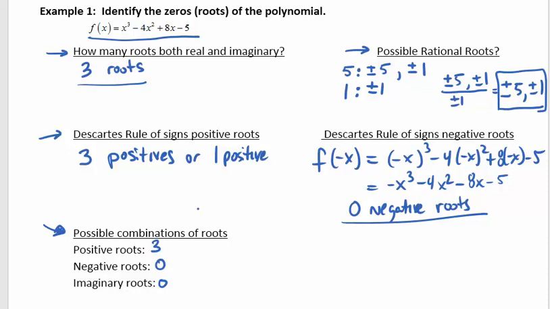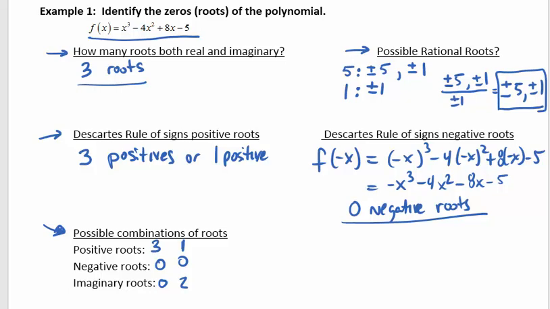We also could have 1 positive and 2 imaginary. That's another way we could come up with 3 roots here, because remember, if the imaginary ones show up, they're going to show up in a pair. Descartes' rule of signs tells us we don't have any negative roots, so that's not going to be a possible combination. So those are all the possible combinations of how these roots could work out.